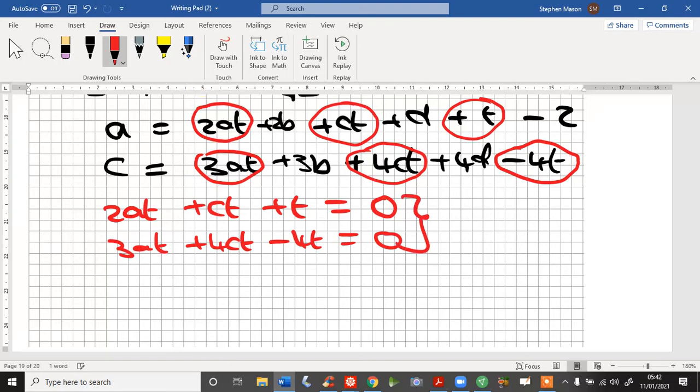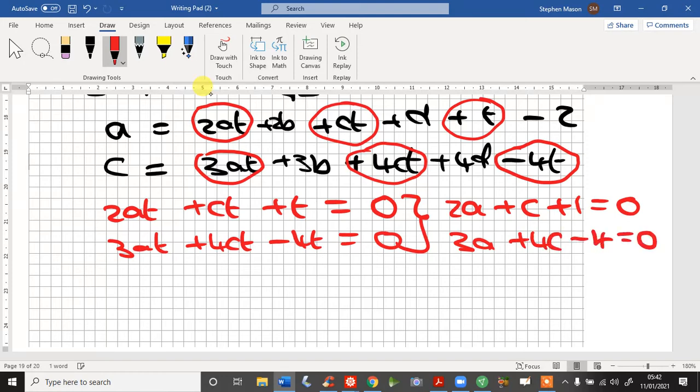This system is equivalent. You can divide both sides by t in each equation to get 2a plus c plus 1 equals 0, and 3a plus 4c minus 4 equals 0.